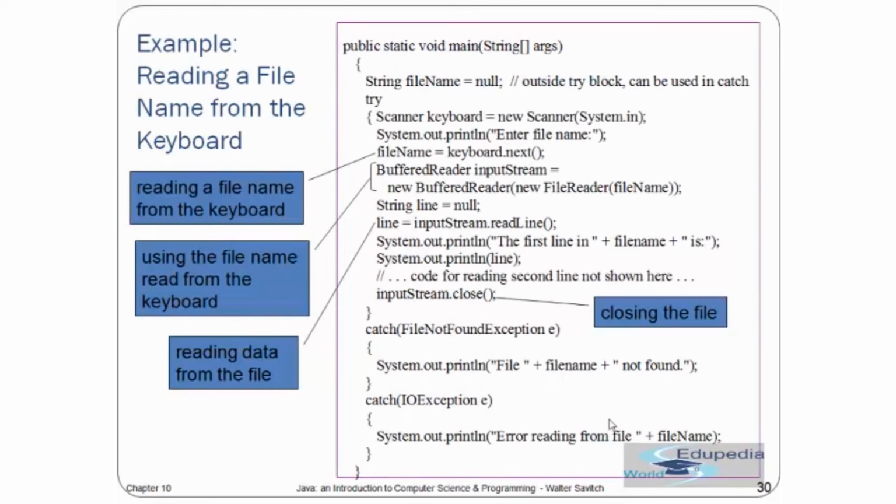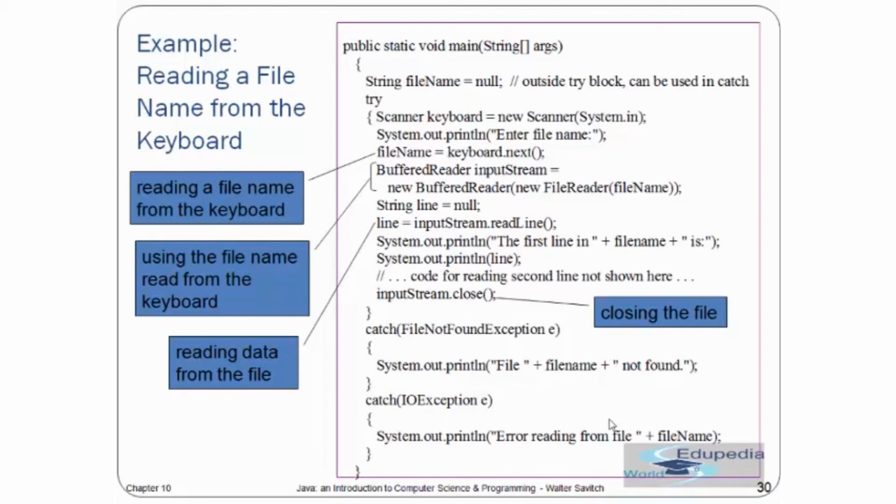So this is the code for reading a file whose name comes from the keyboard. You can see in this code we have public static void main, then we have a String fileName, declared outside the try block so that it can be used in the catch and anywhere outside the try. Then in the try block we take some input from the keyboard using Scanner.